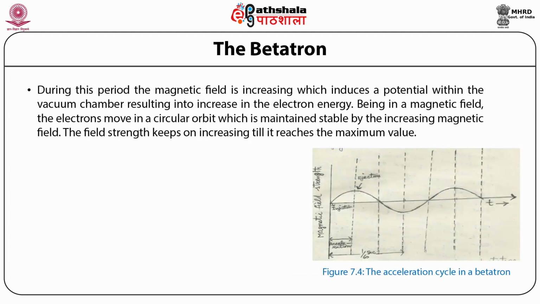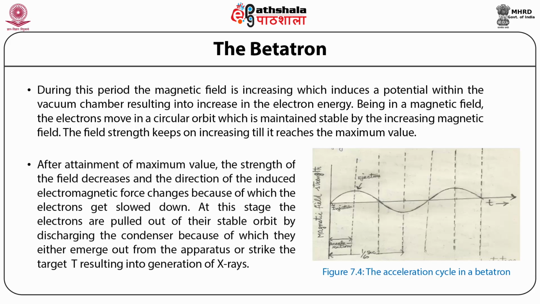During this period, the magnetic field is increasing, which induces a potential within the vacuum chamber, resulting in an increase in the electron energy. Being in a magnetic field, the electrons move in a circular orbit, which is maintained stable by the increasing magnetic field. The field strength keeps on increasing until it reaches the maximum value.